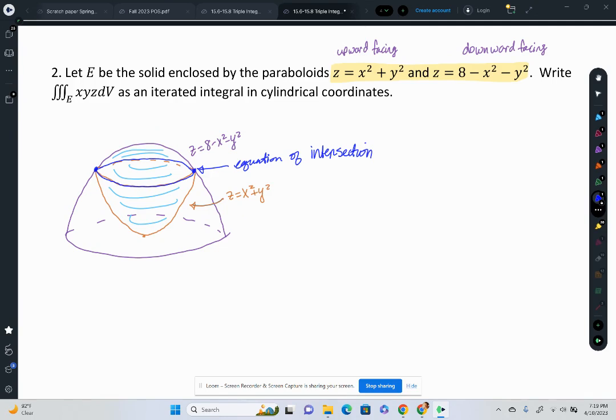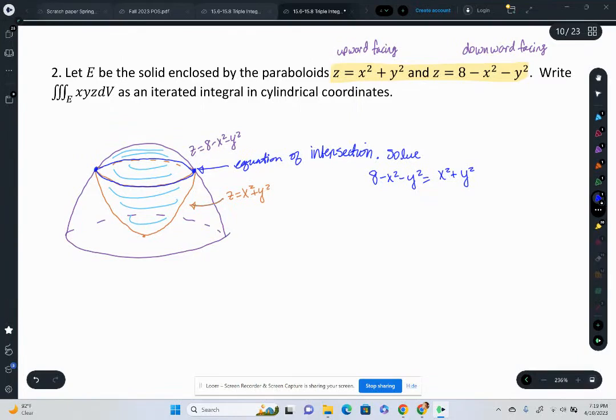To find it, we have to take the two paraboloids and set them equal to each other. So we're going to solve 8 minus x squared minus y squared is equal to x squared plus y squared. If I move all the x squared and y squareds over, I get 8 is equal to 2x squared plus 2y squared.